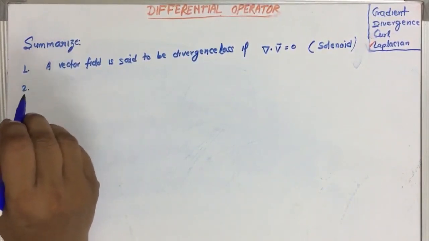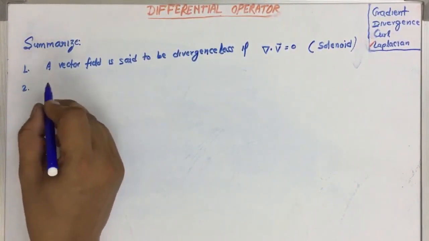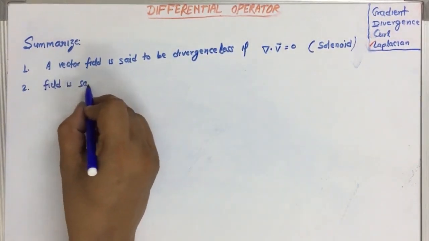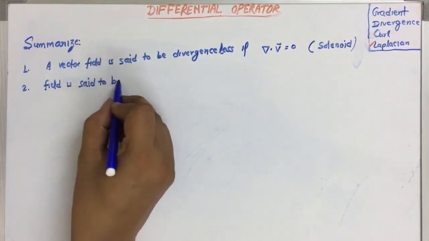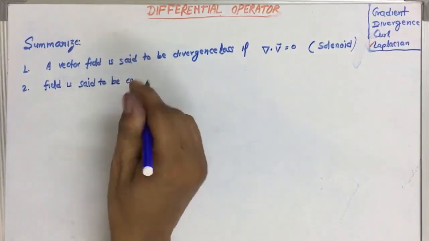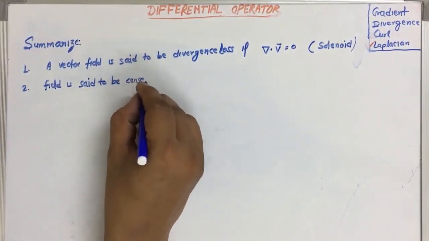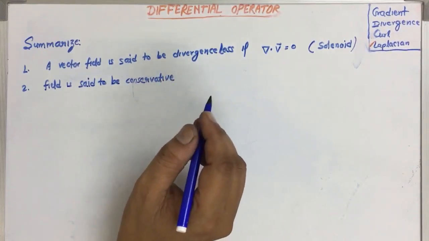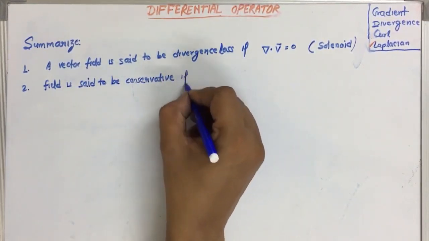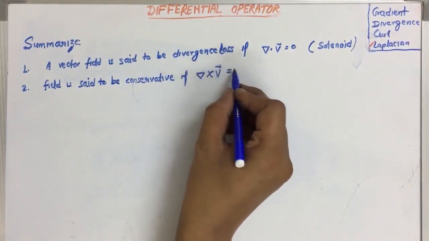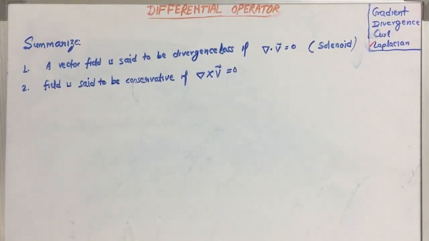Second point, a field is said to be conservative if its curl is 0. It is also named as irrotational.